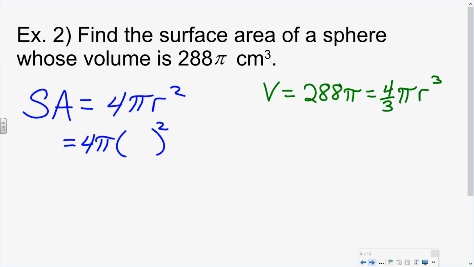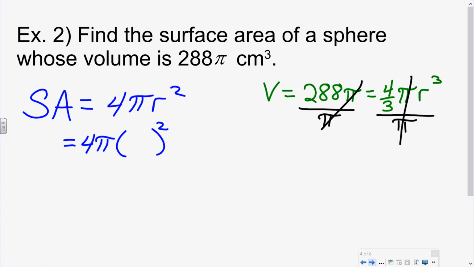Now pi is just a number, so the only variable I have in there is r. So I just need to solve this for r. So one thing I think I'll do is to divide both sides by pi, so I can get rid of those.